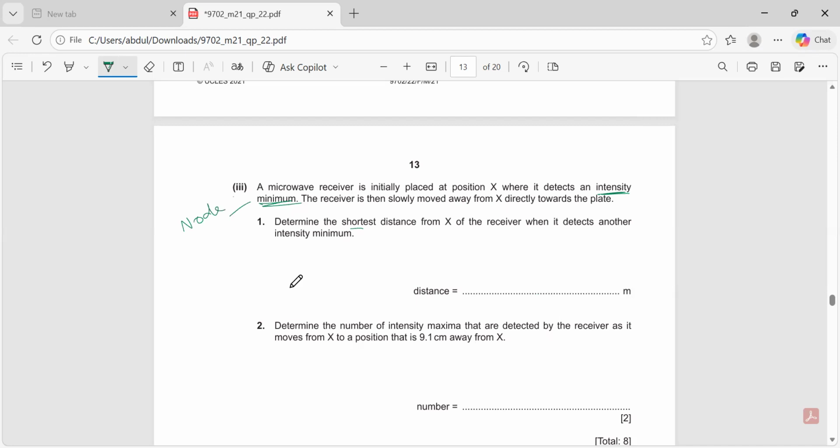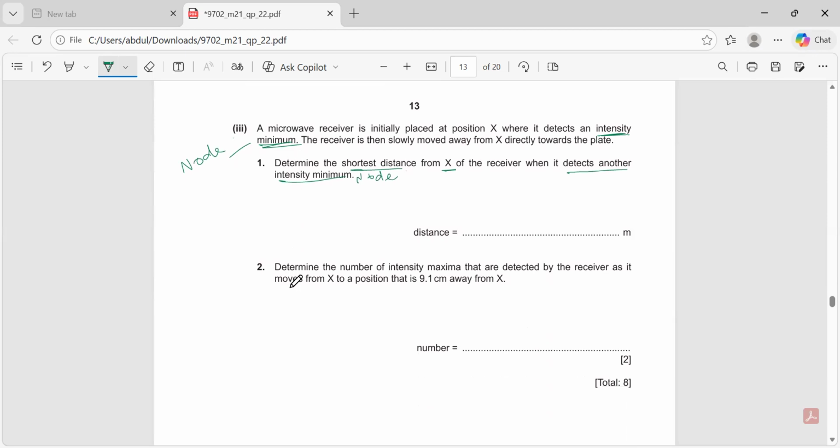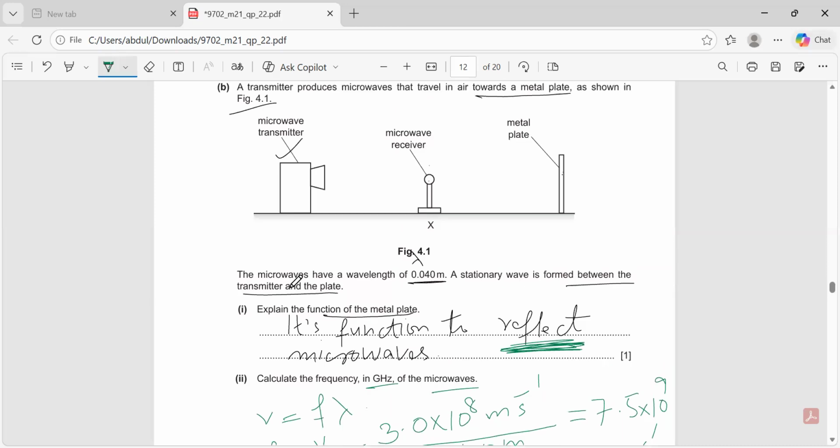Determine the shortest distance from X of the receiver when it detects another minimum intensity, meaning another node. So the shortest distance from one node to the other node, this is only 2 marks, 1 mark here and 1 mark here, it looks to me. And one thing is very clear, my dear friend, at X there is a node. So the distance to the very next node, the minimum shortest distance, wavelength is given.